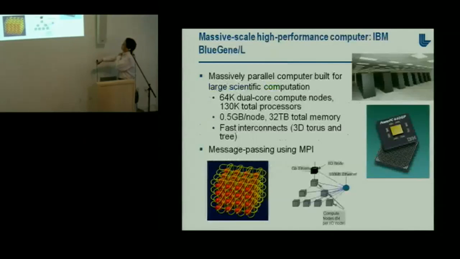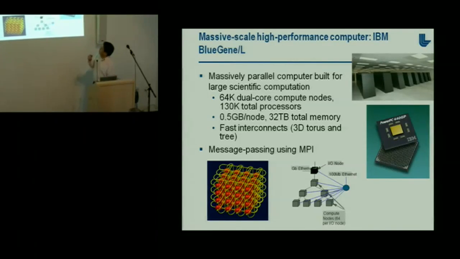The first machine we tested is the IBM BlueGene/L at LLNL, which is a massively parallel high-performance computer. The idea is that they wanted to use low-power, very slow processors, but lots of them. A few years back, this was the largest and fastest supercomputer in the world, at the Lawrence Livermore lab.